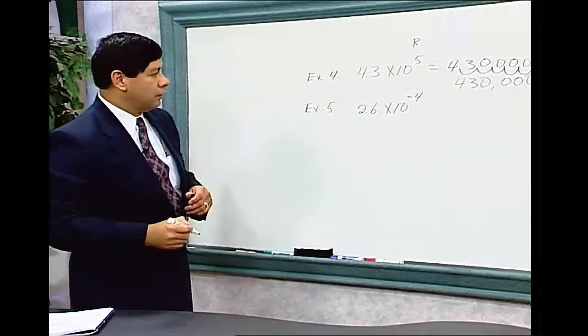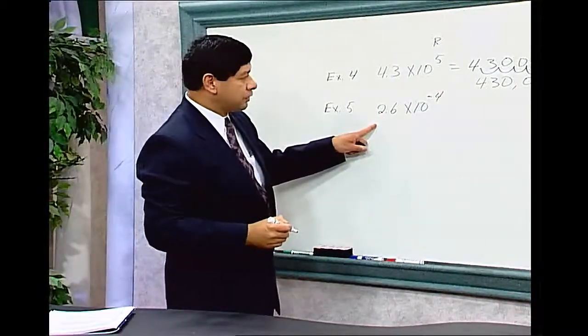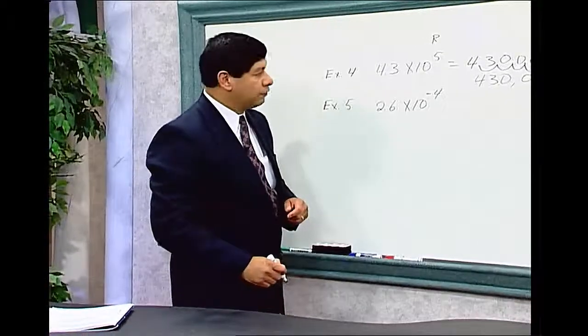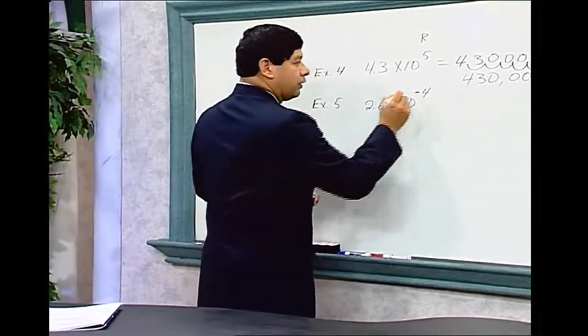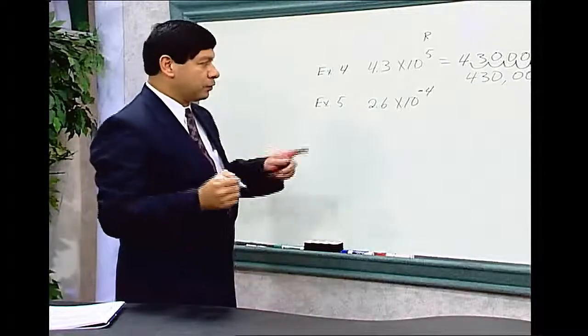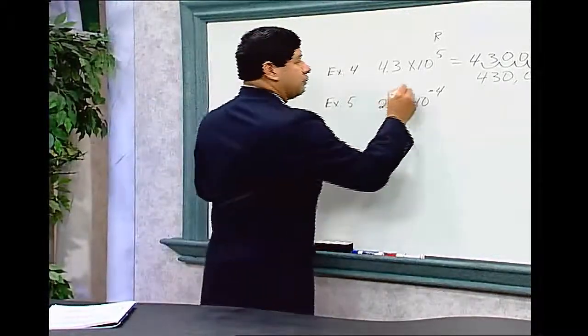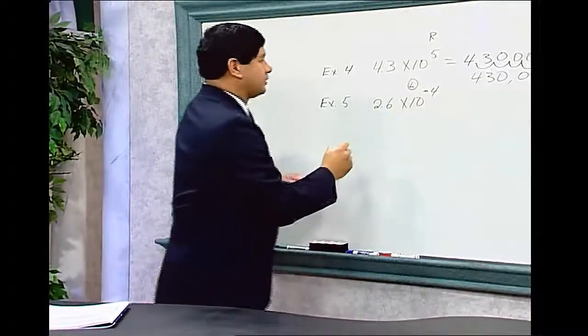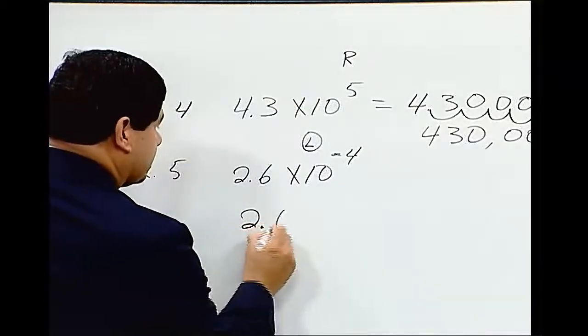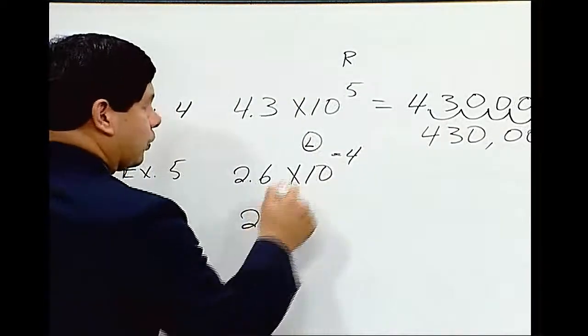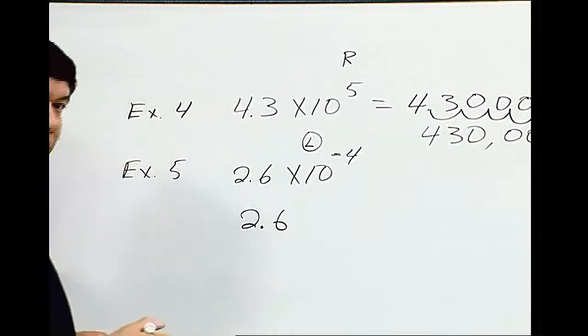Example 5. 2.6 times 10 to the negative 4. Negative, that should tell us that we're going to move the decimal point this time to the left. So we have 2.6, and we need to move the decimal point to the left 4 places.